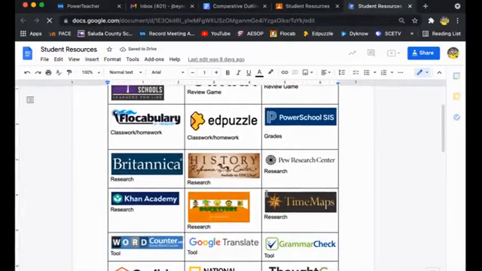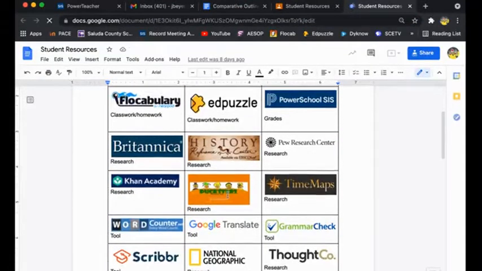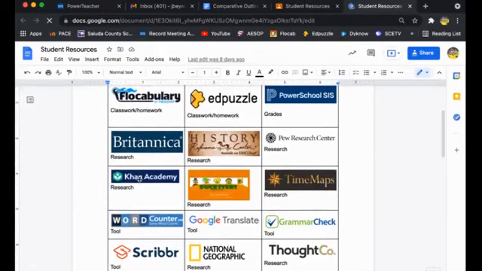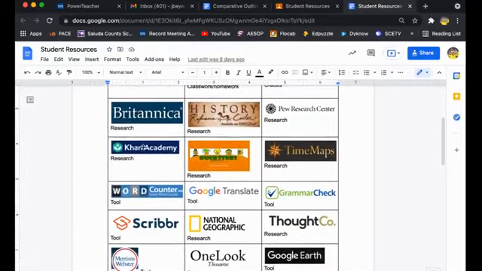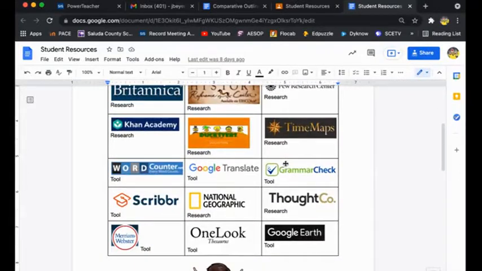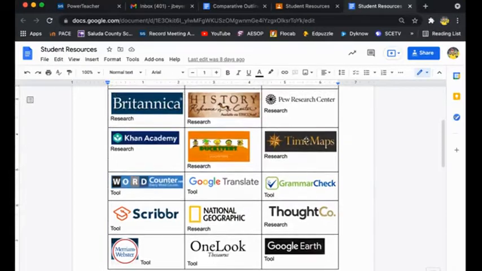So right here, for example, I already went ahead and provided some reliable sources. So I got Britannica, Khan Academy, Ducksters, Time Maps, National Geographic, ThoughtCo. All of those are good research websites.